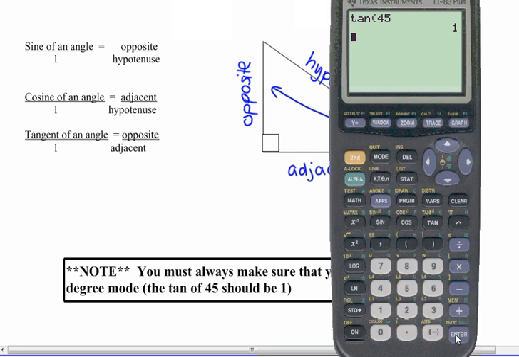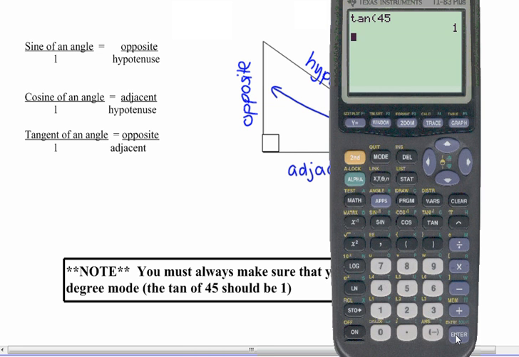And so, if this is my angle of 45 and tan is the ratio of opposite over adjacent, well, if these two sides are the same, doesn't matter what they are. If it's 30 over 30, what does that equal? 1. Okay? So when you type in the tan of your angle, it actually gives you that ratio. Tan of an angle will give you that ratio of the opposite side divided by the adjacent.